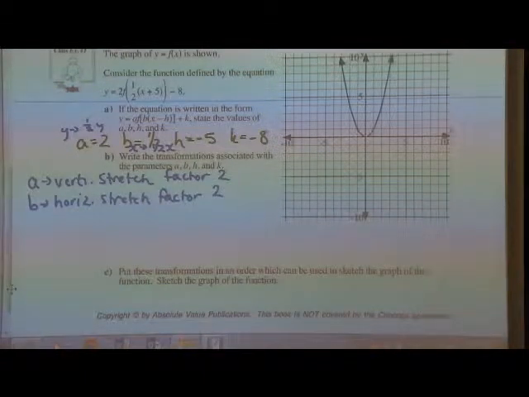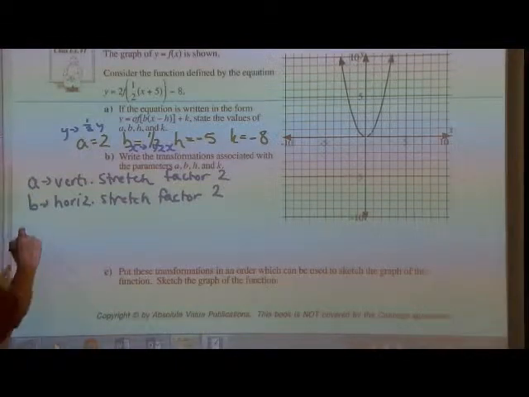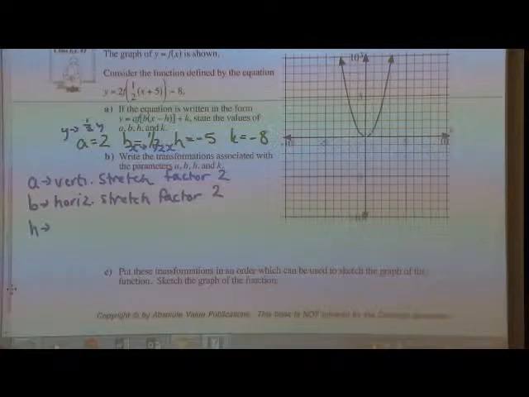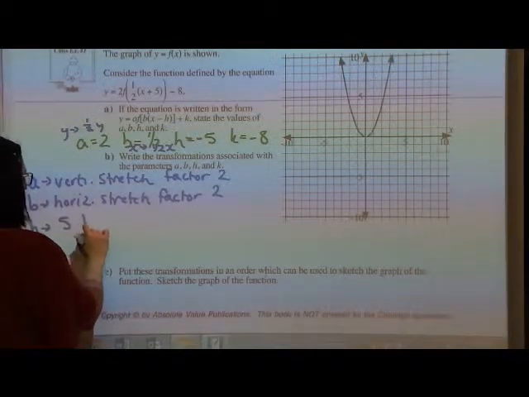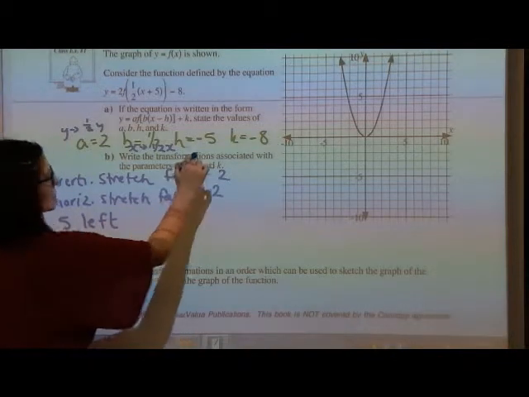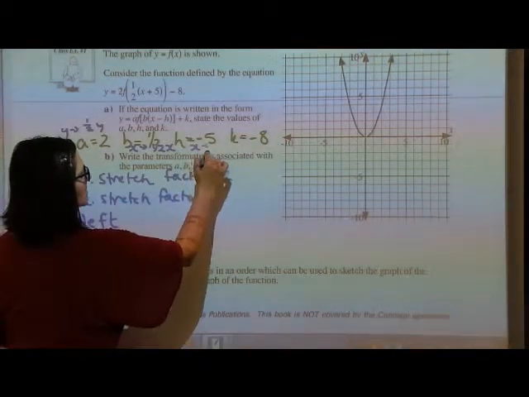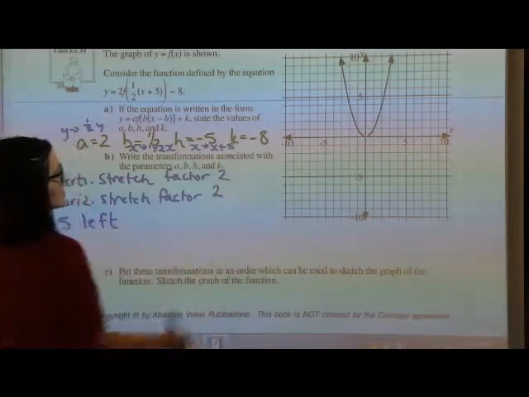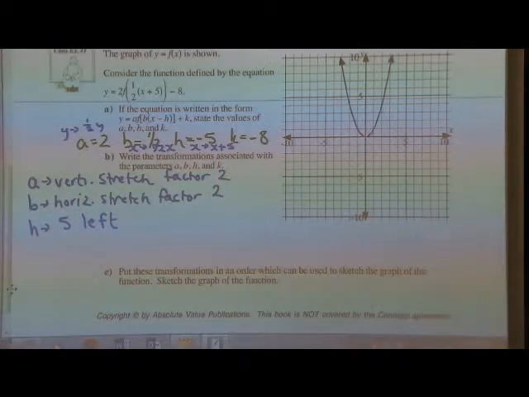What does my 5 tell me to do? And that's because it was a replacement of x to x plus 5. And what does my -8 tell me to do?